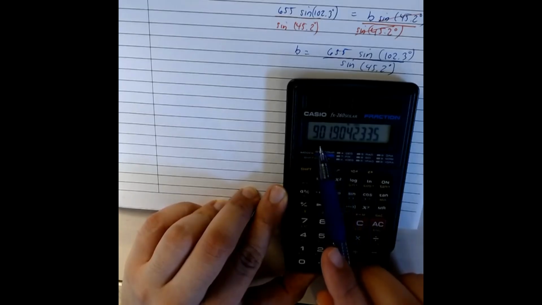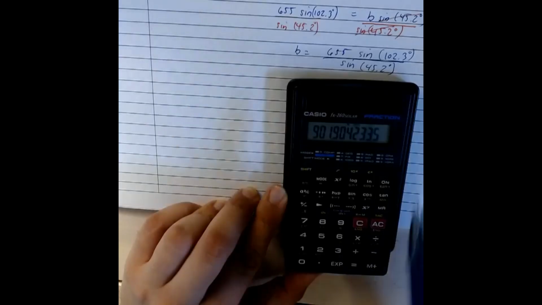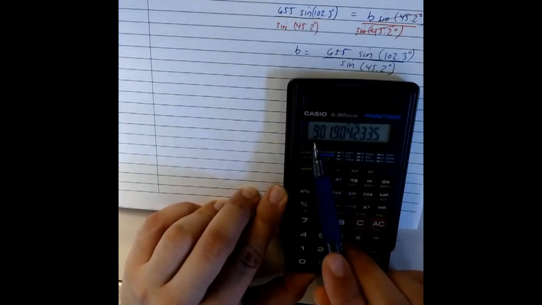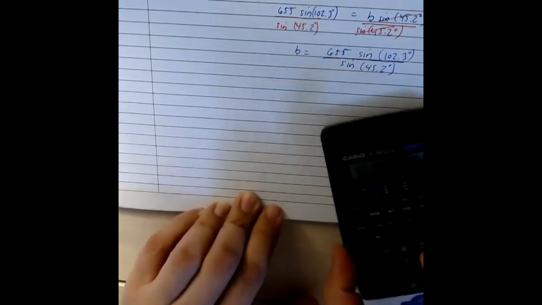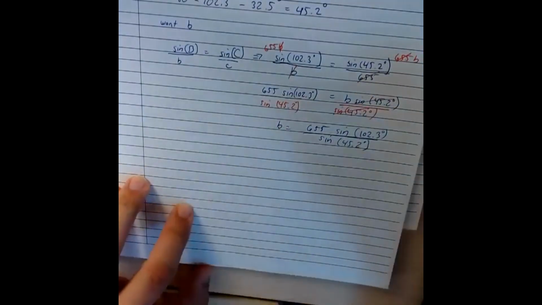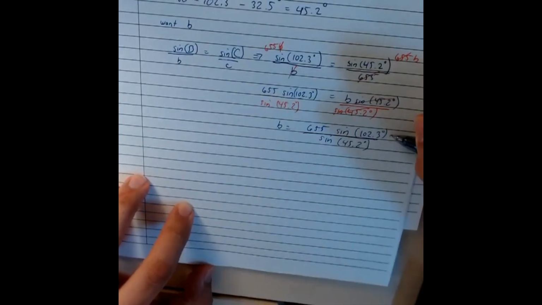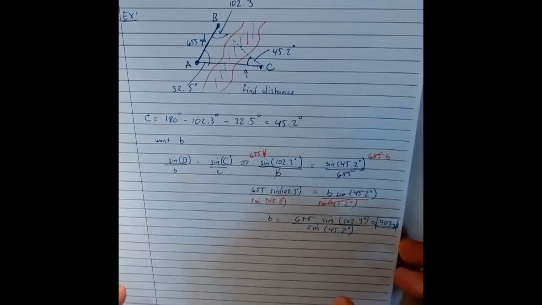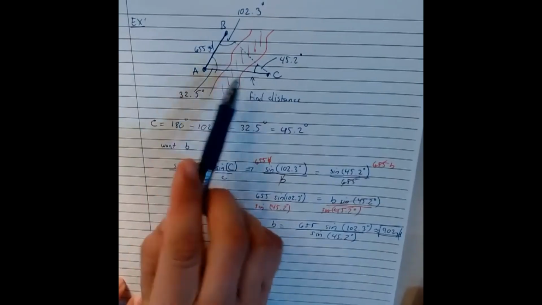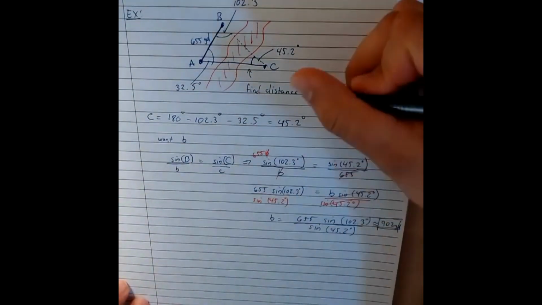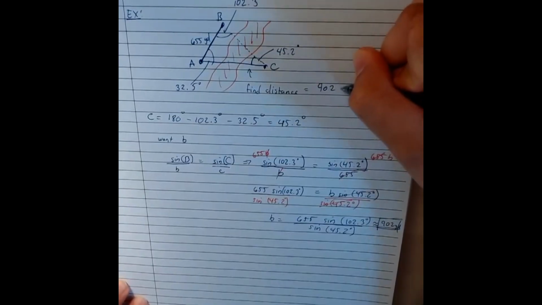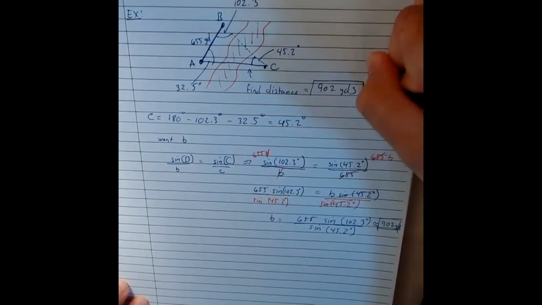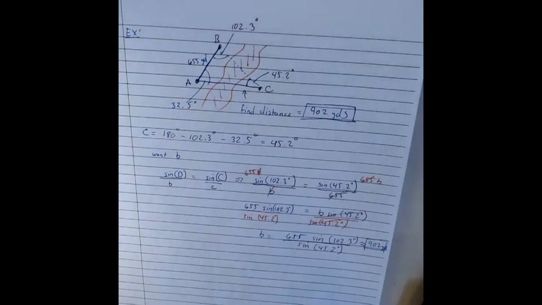We just want this to a precision of the nearest yard. So if we round this to the nearest yard, that's 901.9, which rounds up to 902, and that is our result. So our distance across from the point A to the point C is going to be 902 yards. Just like that.